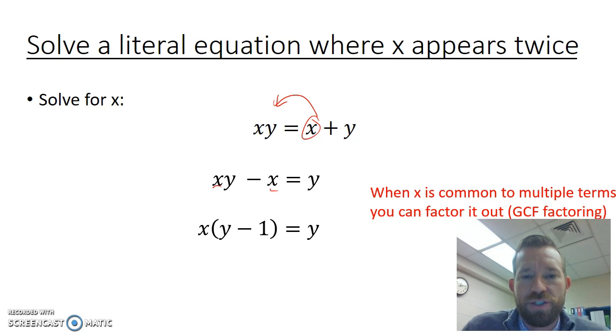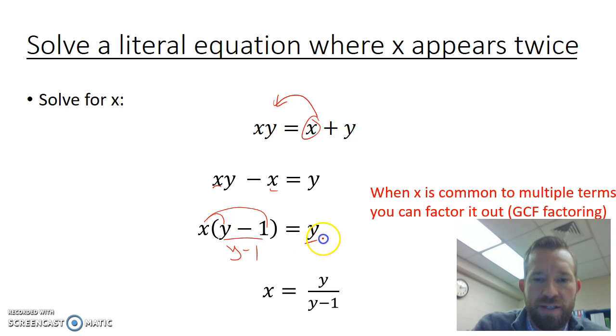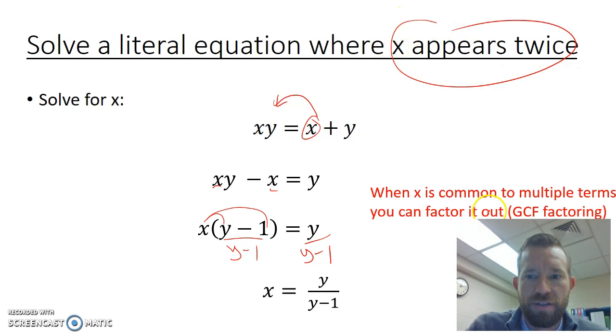The parentheses show that it's kind of the opposite of distributing. The x really applies to the y and to the 1, so we factored it out, and then we can divide by that quantity, y minus 1, to get our result: x equals y over y minus 1. So when x appears twice, you'll have to do some factoring.